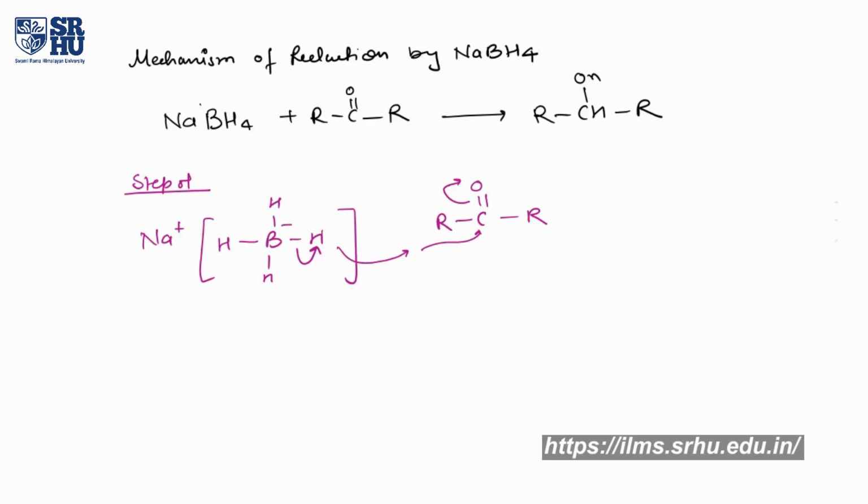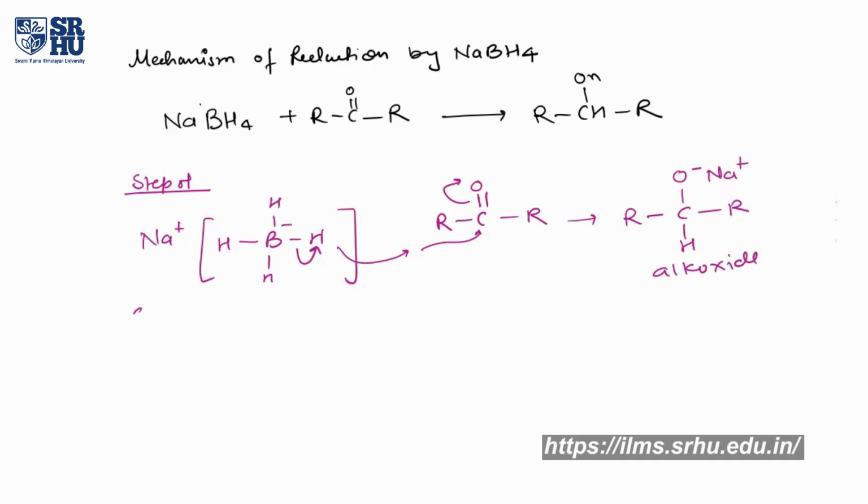Due to negative electromeric effect, the pi bond between oxygen and carbon was broken, and the hydride ion attacks the carbonyl carbon, and it forms an alkoxide ion similar to that of LiAlH4. So the sodium ion over here comes as a counter ion, and an alkoxide is formed.